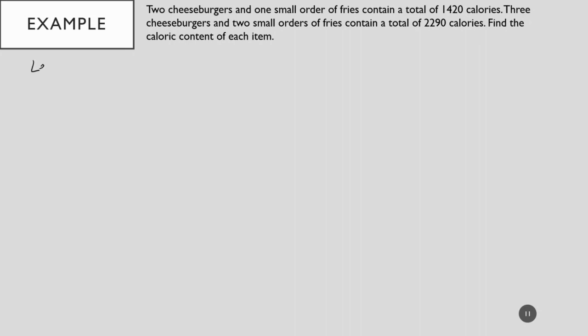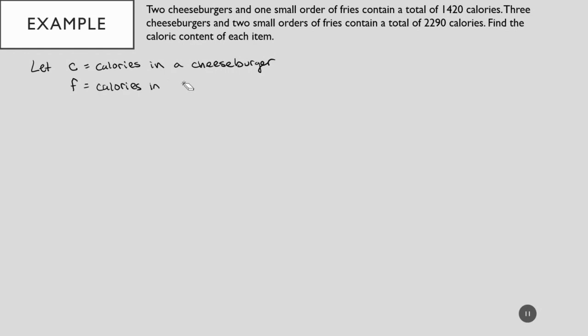So we're going to let C equal the calories in a cheeseburger. So that's one item. And then let's say F is the calories in fries.